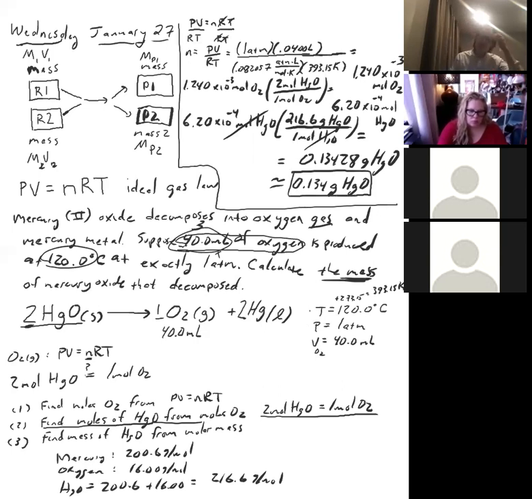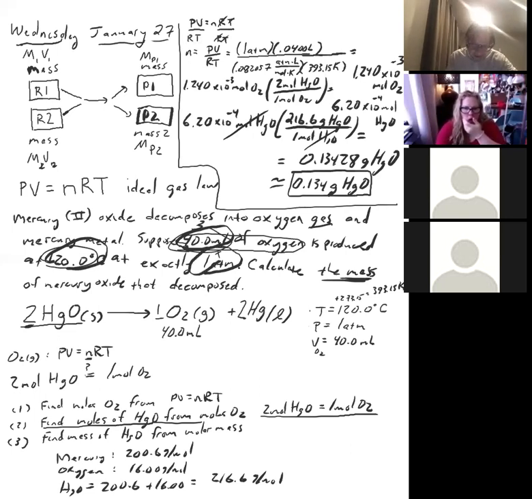So let's just review what we did there. Essentially, you look at the problem, and if they give you a gas and they're asking you to figure out the amount of another material in the reaction, you need the balanced equation for that. The relationship between one substance and another is the balanced equation. Then you see what you're given: the volume of a gas, its temperature, and its pressure. That's enough to use the ideal gas law.